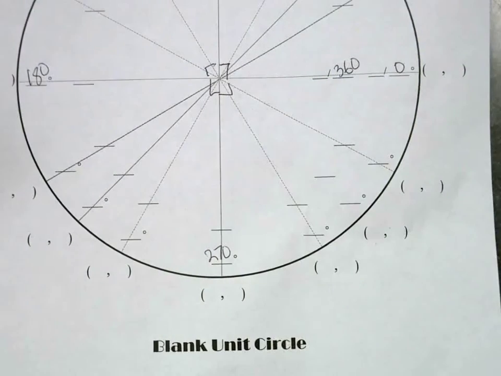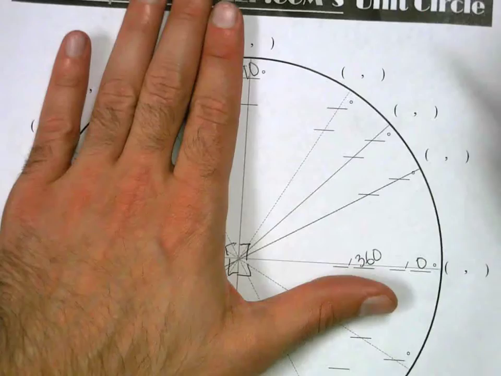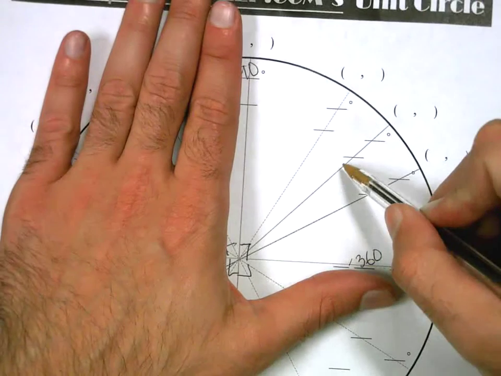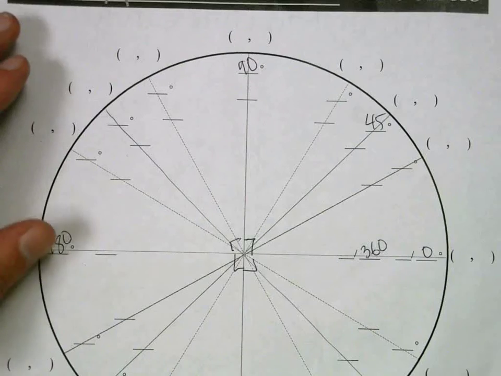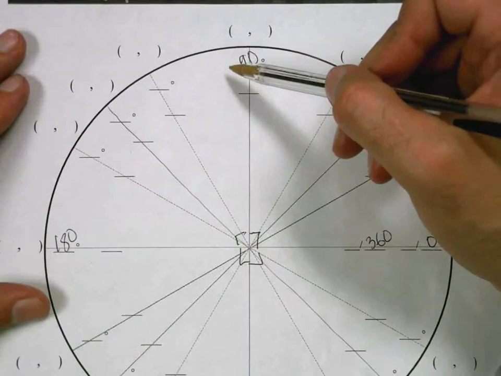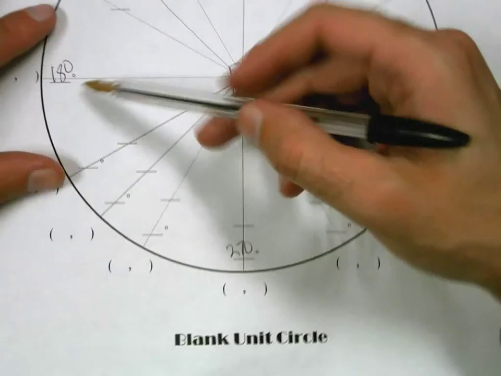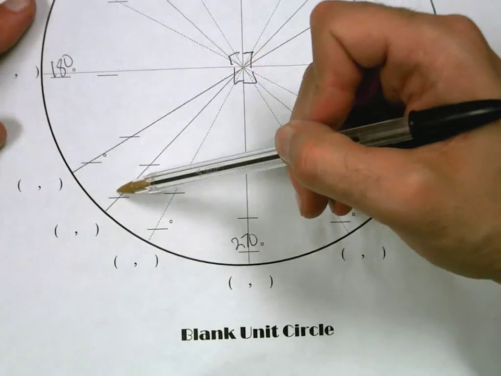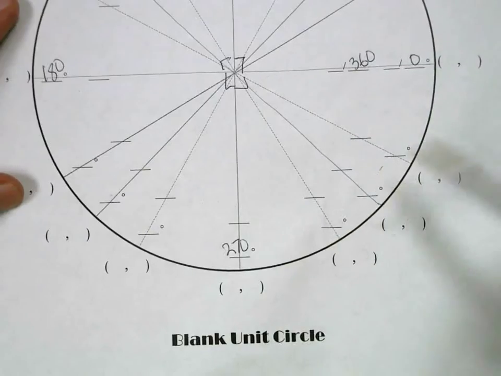We're done. Now if I split this in half, that would be this line right here. That's right, this would be 45. So notice that if I split all of these in half, that would be 90 plus 45, 180 plus 45, 270 plus 45.